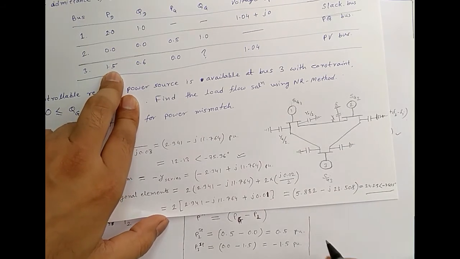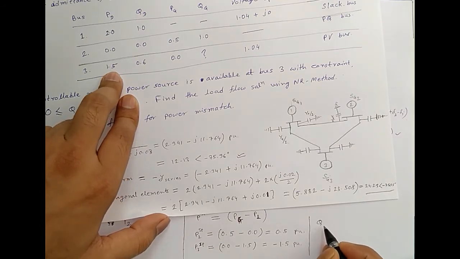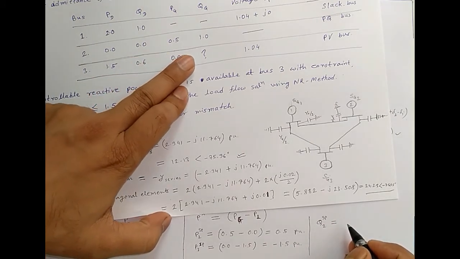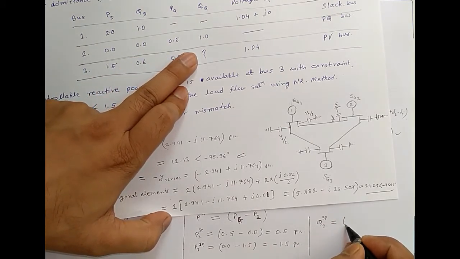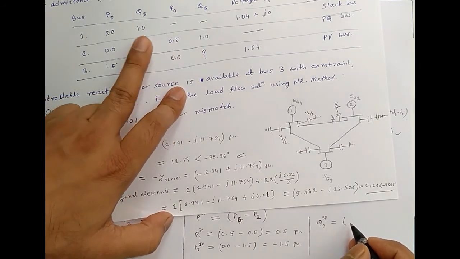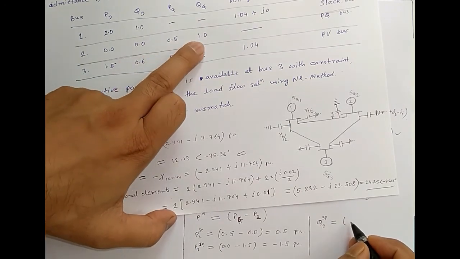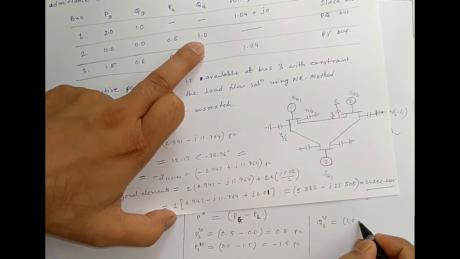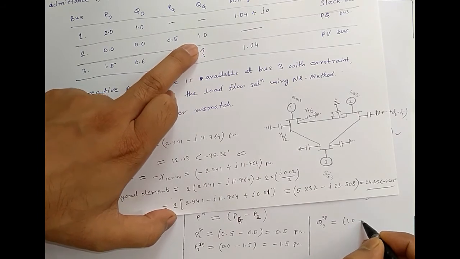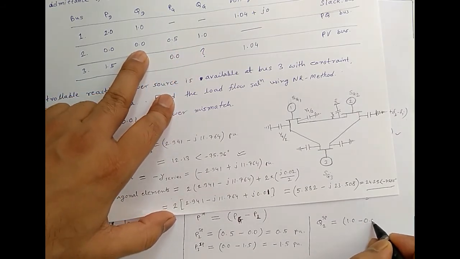In a similar way, Q2 specified will be the generated reactive power at bus number 2, that is 1.0, minus the reactive load demand, that is 0.0.